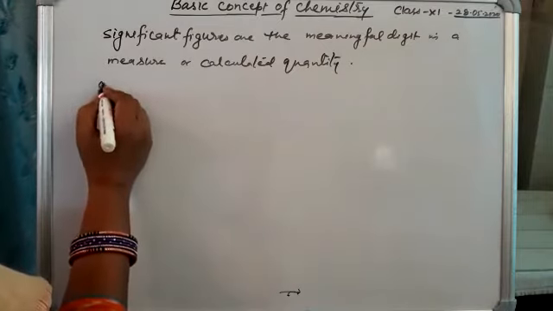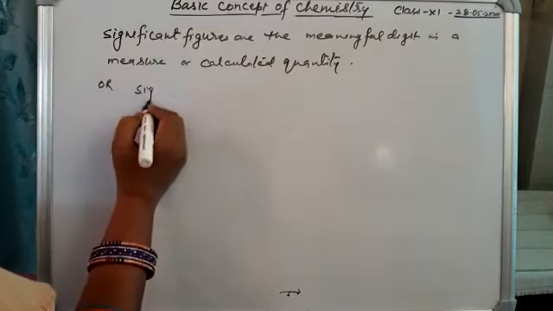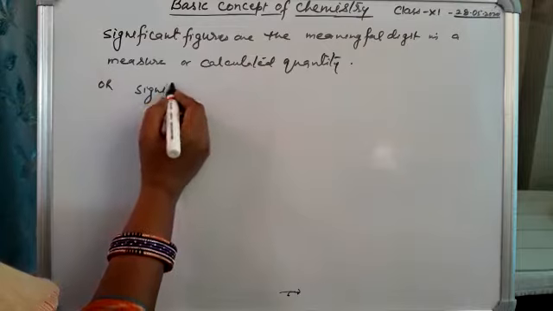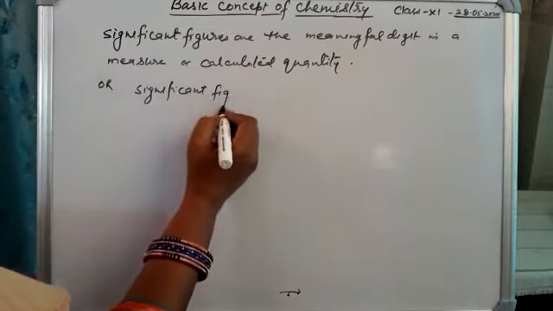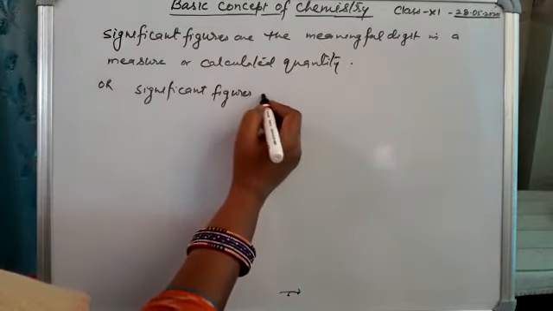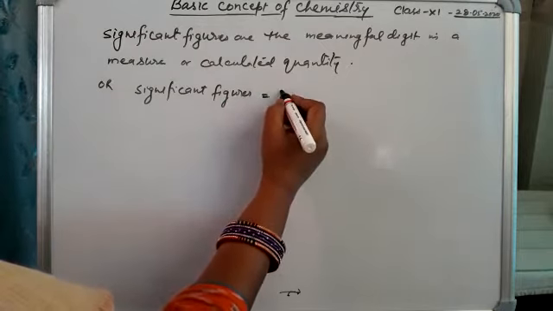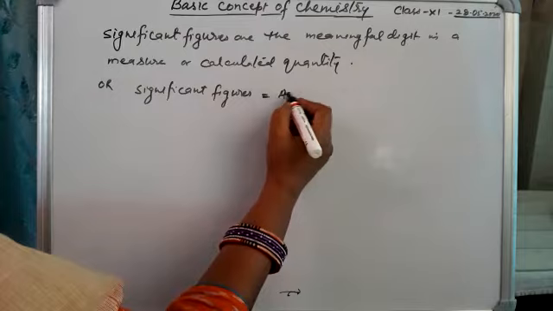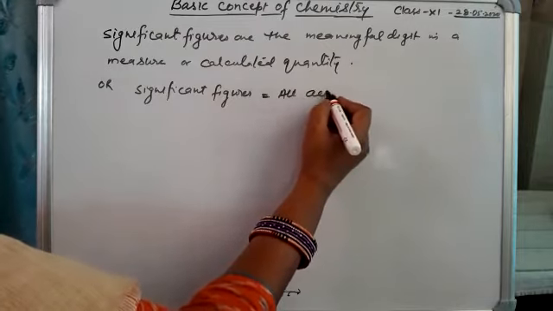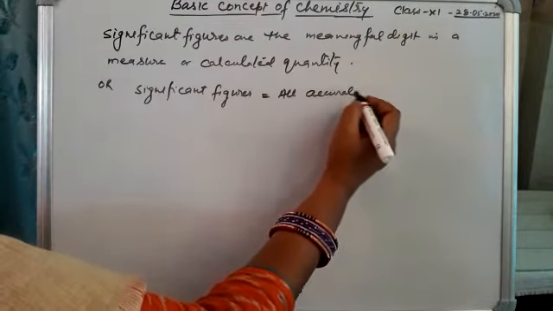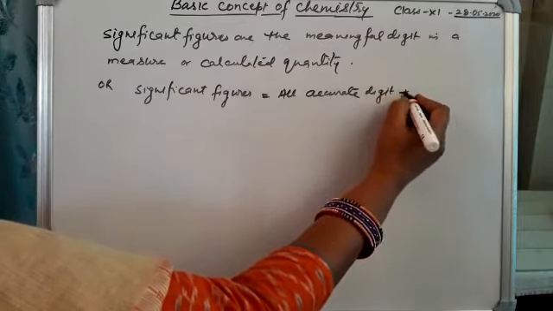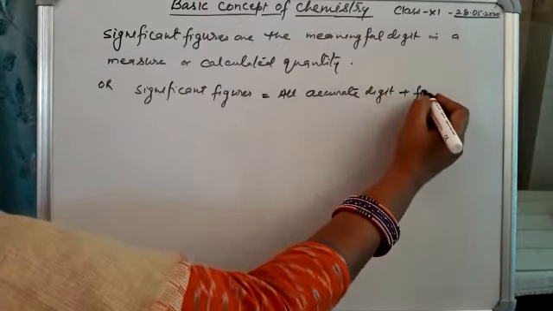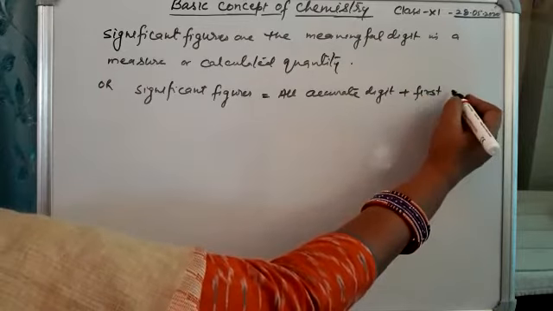Or, in a simple way, significant figures equal all the accurate digits plus the first doubtful digit.